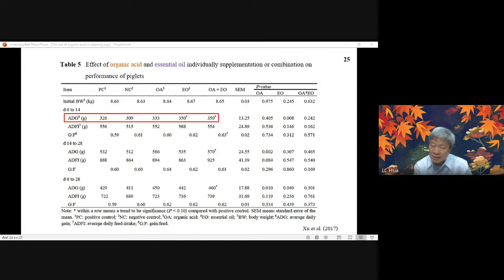Once you add that much organic acid, it is not easy to make the feed formulation, because organic acid has no protein and almost no NH, very low NH. So it is very difficult to make the feed formulation.